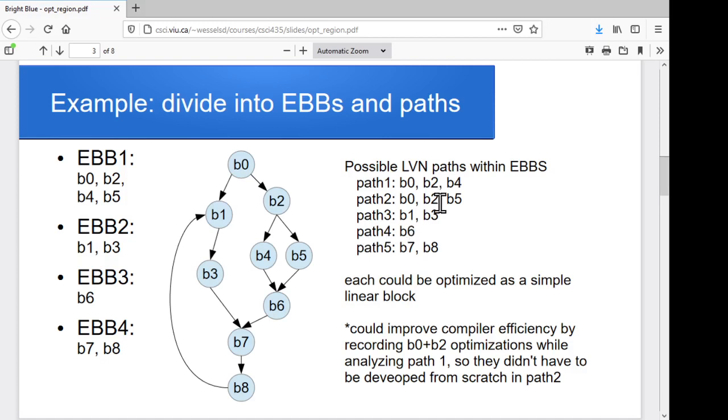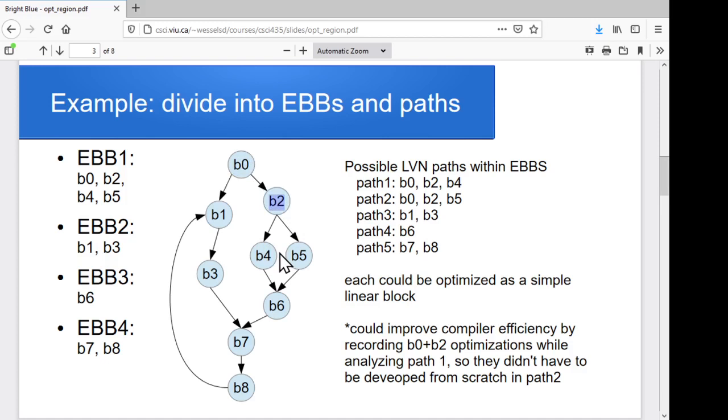Now, one of the things that crops up in terms of trying to make the process more efficient is that when we're going through and doing the analysis of B0, B2, B5, and B0, B2, B4, obviously a bunch of the analysis data for B0, B2 is going to be the same when you process it in each path.